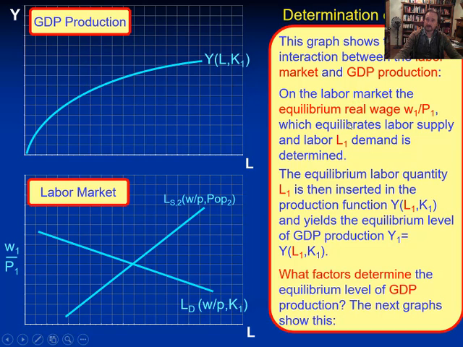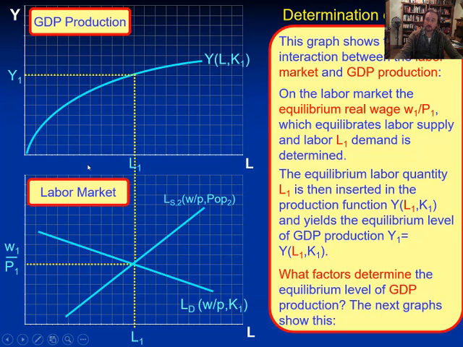On the labor market, the equilibrium wage W1 over P1 is determined, the equilibrium wage which equilibrates labor supply and labor demand. The equilibrium quantity of labor, L1, is then inserted into the production function and yields the equilibrium level of GDP, y1.